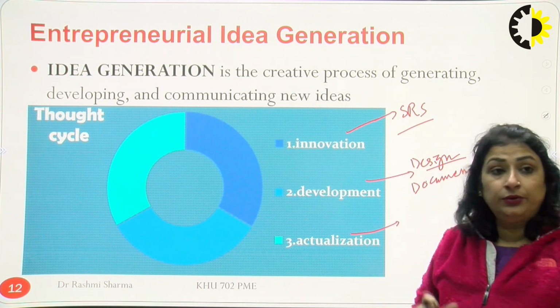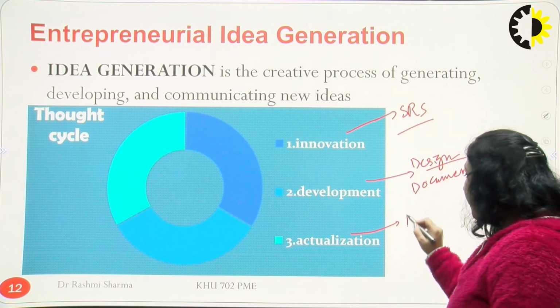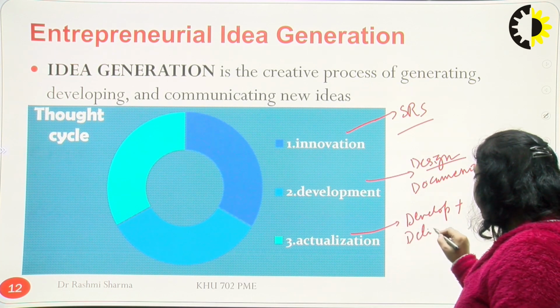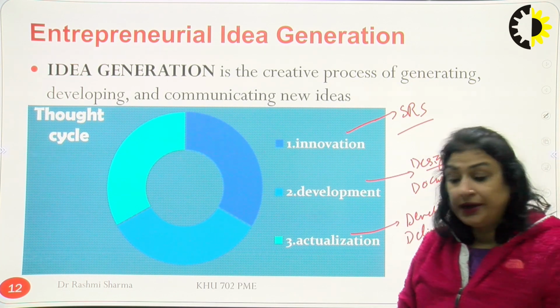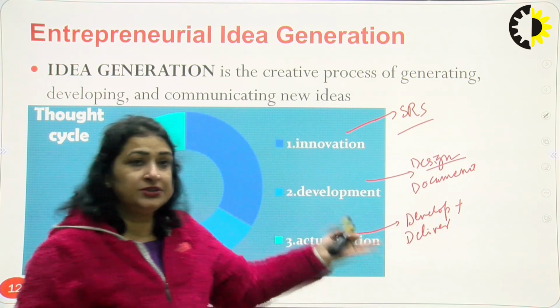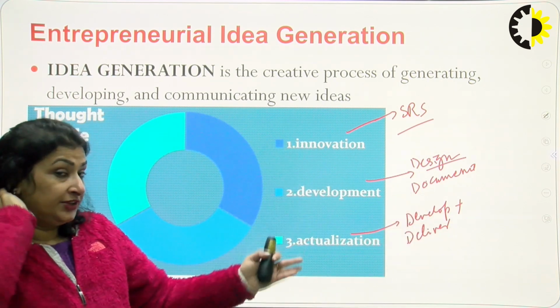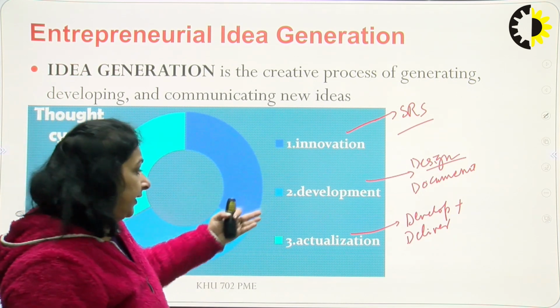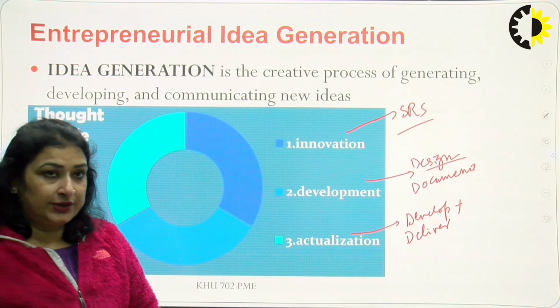And when I actually develop and deliver to the client, then it is actualization. And whatever problems that client is facing, we go for that process. So in software terms we have these parts, but in normal product terms, I have innovation, development, and actualization.